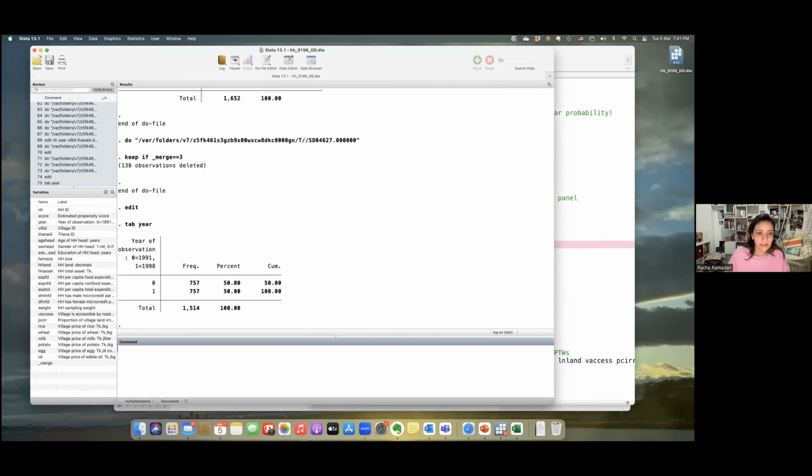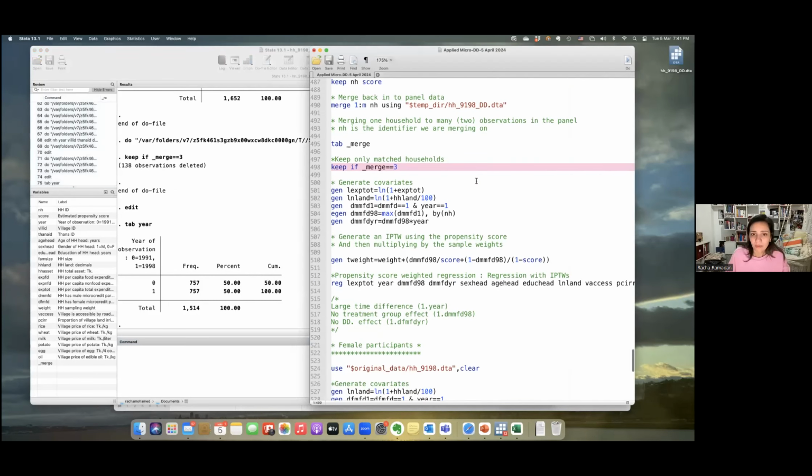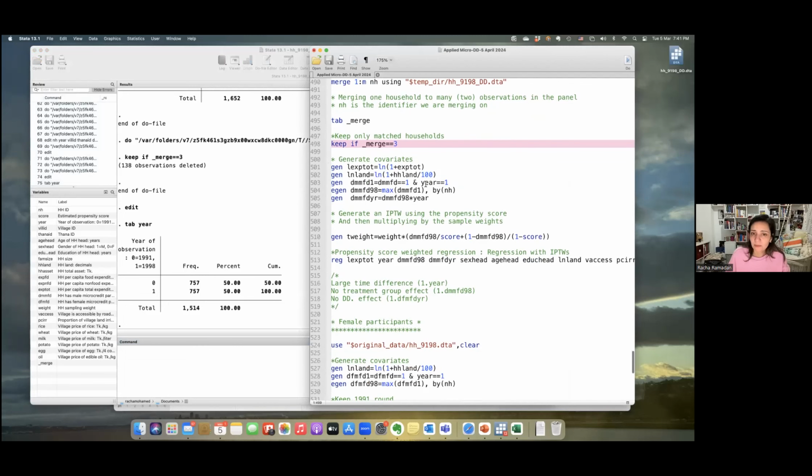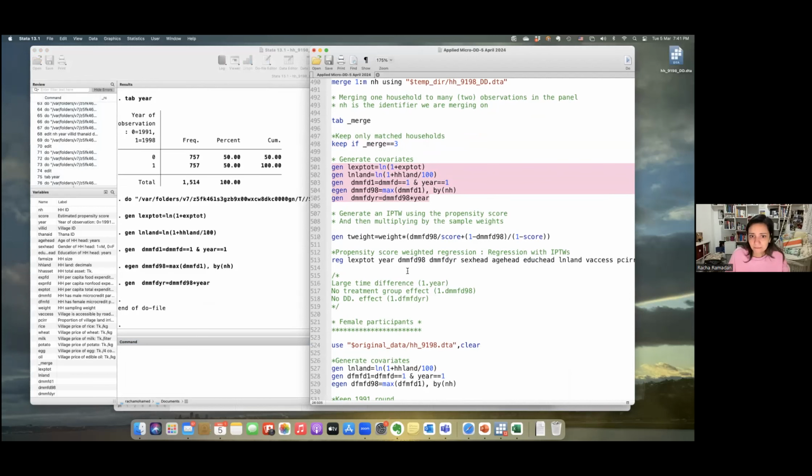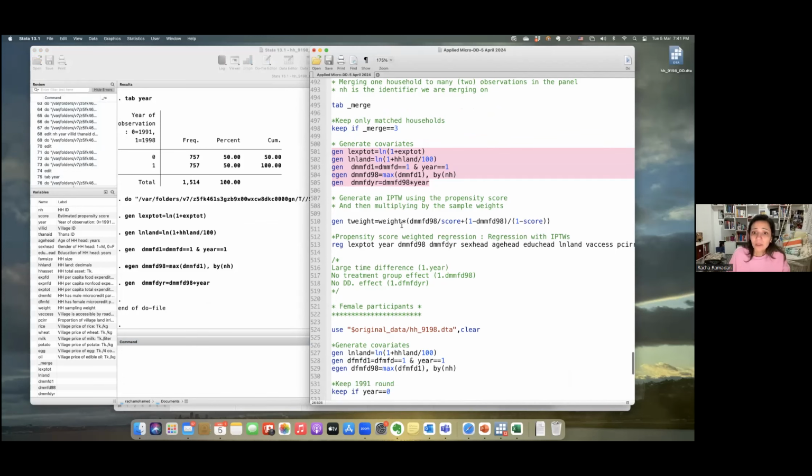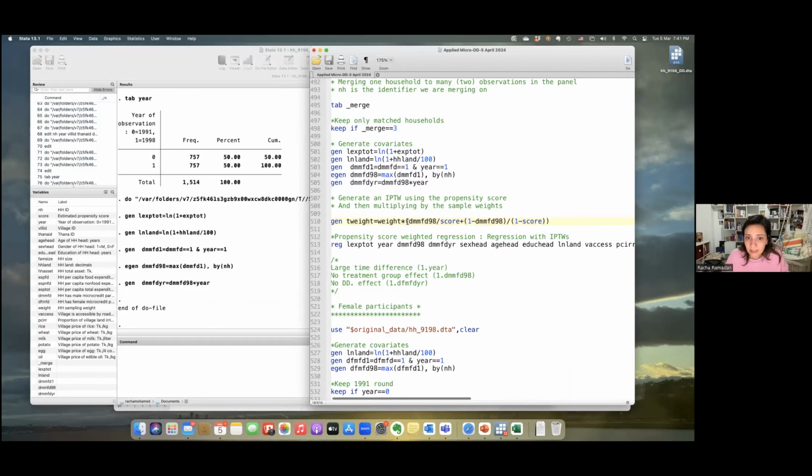Yes, we have year 0 and 1. I will create all my variables of interest: the total expenditure in log, land in log, the dummy variables, and the interaction between the treatment and the years. I will create the weight as we discussed last time, if you remember. This part is the inverse propensity score.